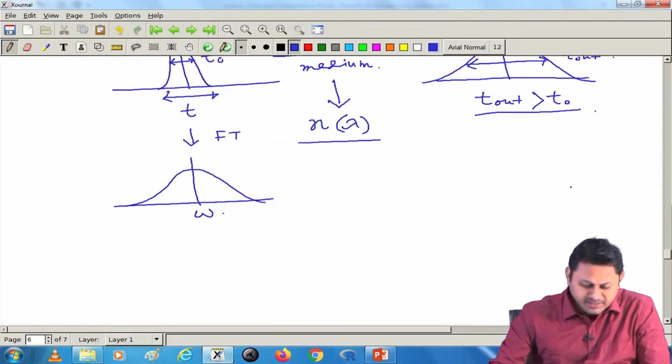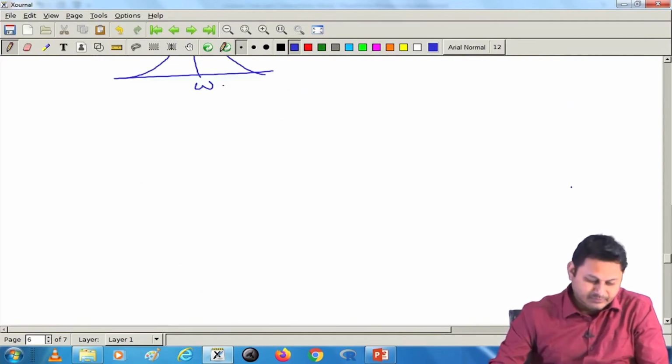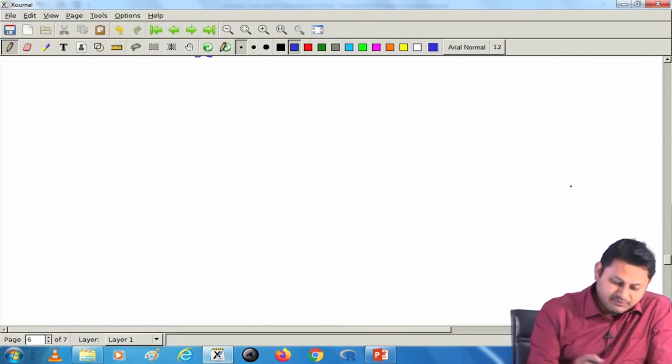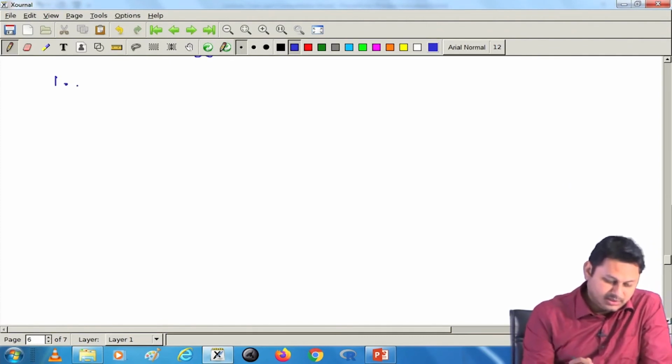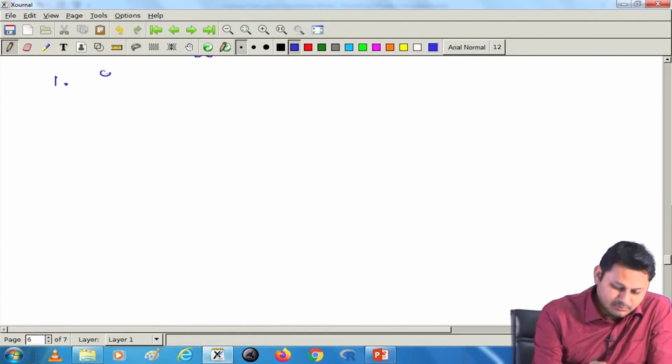Well, with this very rough idea, we can divide this dispersion phenomenon into two major parts. One is called intermodal dispersion.